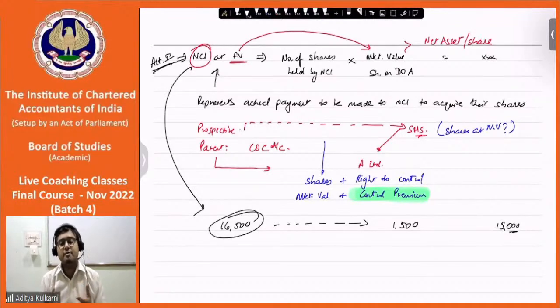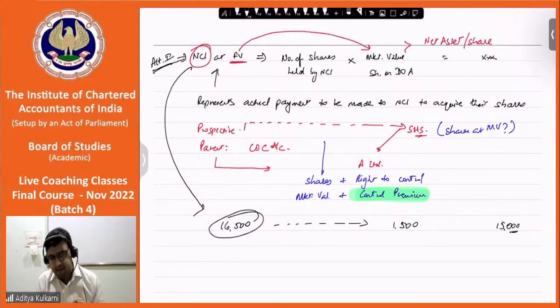It is an accounting policy choice, and therefore I cannot say that 16,500 includes 1,500, and so you have to show your NCI at 15,000. If you show it at 15,000, then you are following proportionate share of net assets, in which case the goodwill attributable to the parent company alone will come.